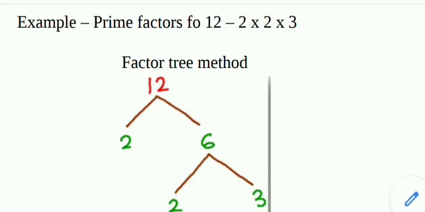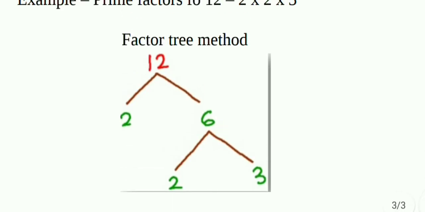That's why we put the prime factors of 12: 2 into 2 is 4, 4 into 3 is 12. I hope you understand this.